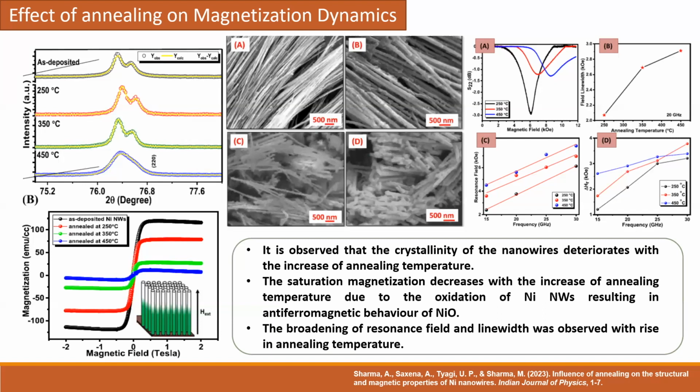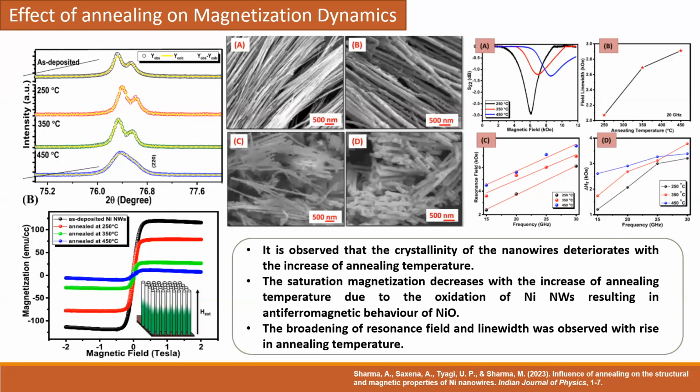As I discussed already, when we do the annealing in the air atmosphere, the nickel is converted into nickel oxide, which causes the deterioration of the magnetization. The broadening of the resonance field and line width was observed due to the rise in annealing temperature. So these are the interpretations which we obtain from annealing the magnetic nanowires and investigating the magnetization dynamics.